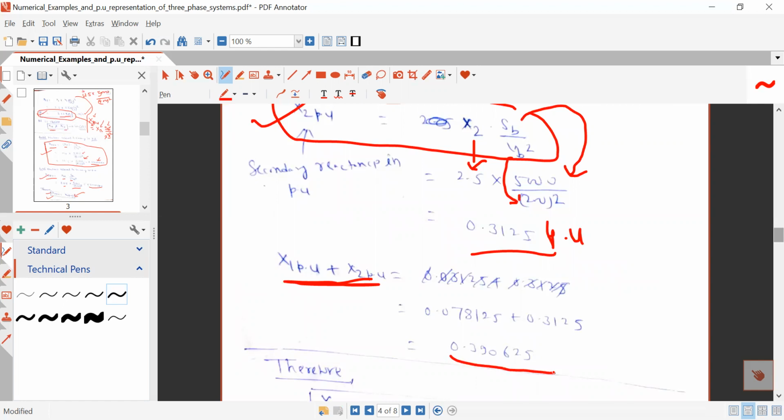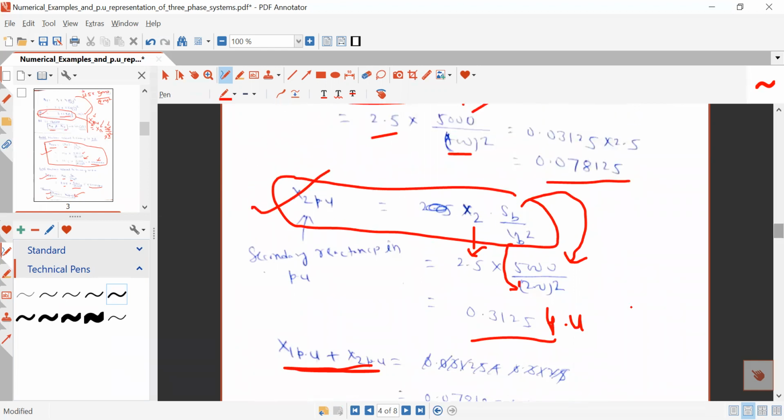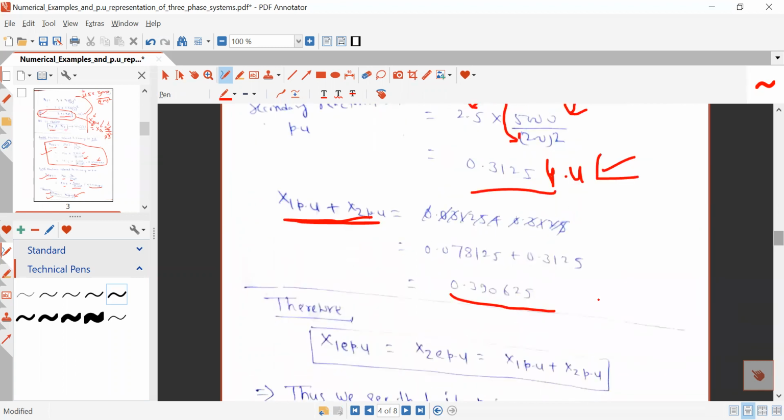So clearly you can see here, if the primary and secondary reactances are in per unit, then the total reactance referred to the primary or the total reactance referred to the secondary can be the sum of its primary reactance and secondary reactance in per unit value. Here, reactance indicates the leakage reactance of the transformer.